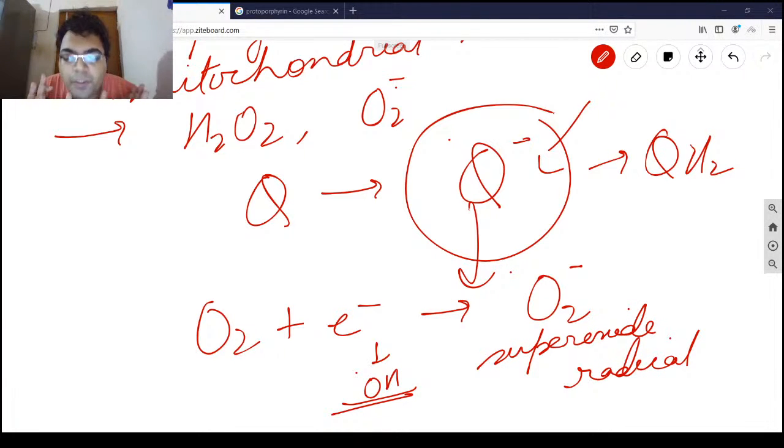So what quenches this? Now, the formation of ROS is favored when two conditions are met.